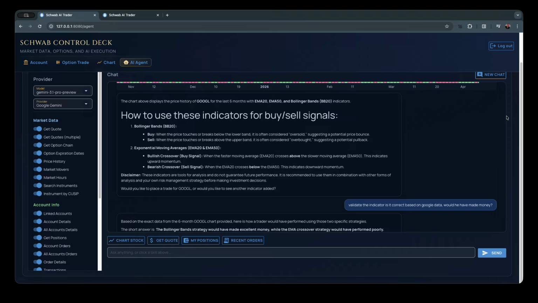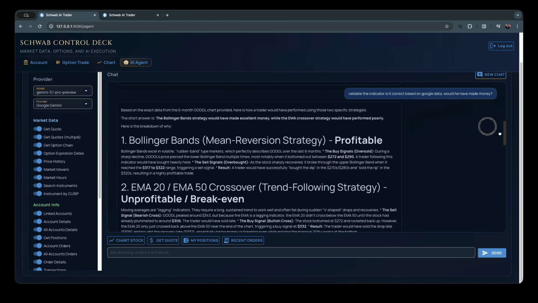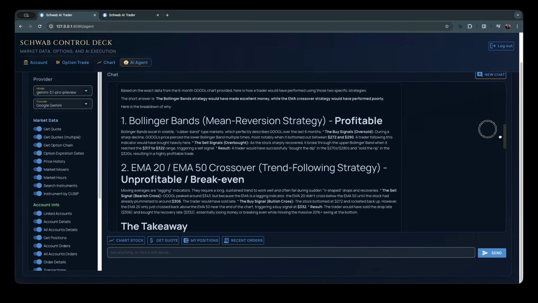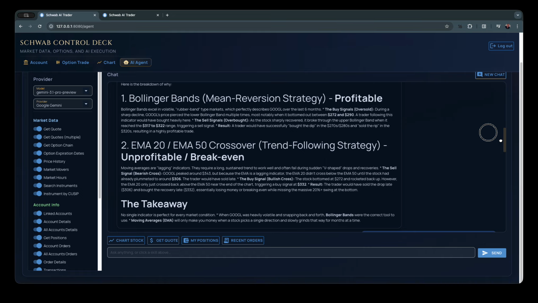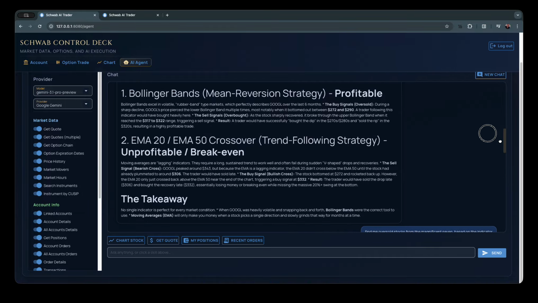Then I said, okay, let's validate which indicator is correct, and which one would have made me money this time. It said the Bollinger Band would have been profitable, because if you can read it very fast, the EMA 20 and 50 crossover would have been unprofitable or break even.